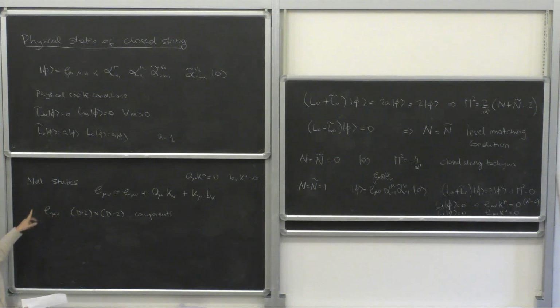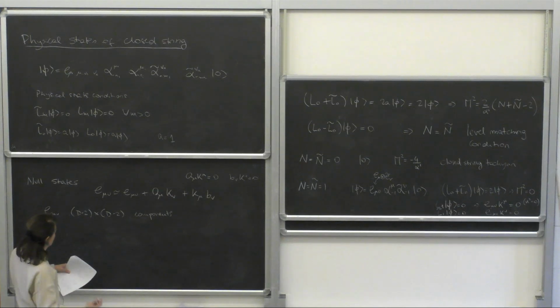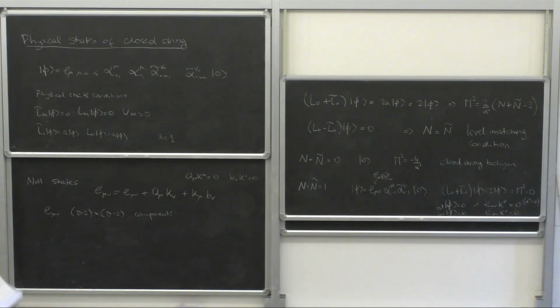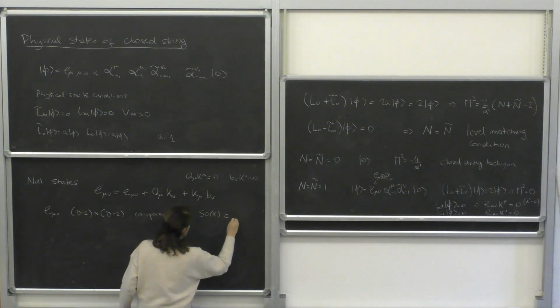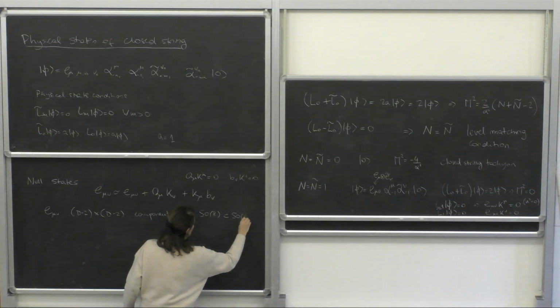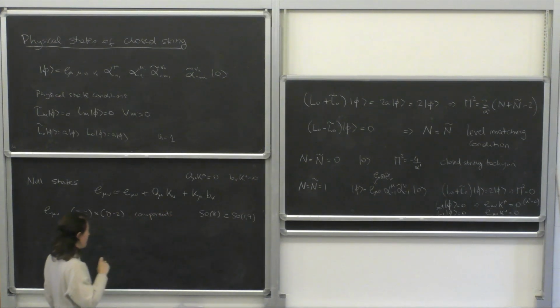But now, this is not an irreducible representation of the little group, orthogonal to the light-cone, we have the 8 directions that I call I, so there is some SO8 inside SO1,9. So we're looking at SO8 inside SO1,9.